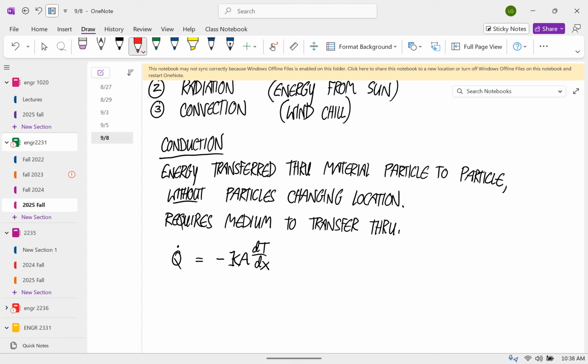The first change I'm going to make is that negative. I'm going to keep that on the equation sheet that I give to you, but the first thing you should do is ignore that. That negative is just a direction. And the best way to think about the direction is energy flows from high temperature to low temperature.